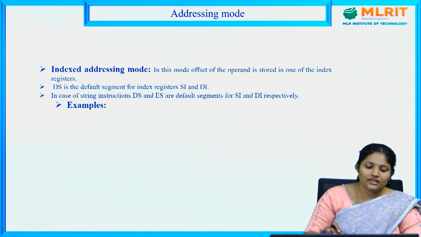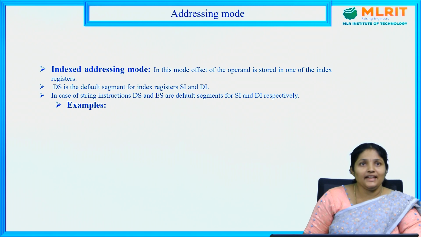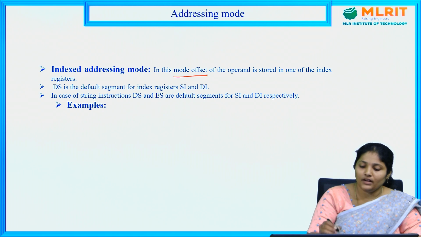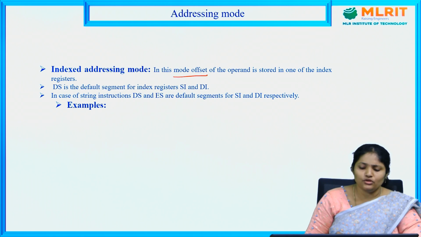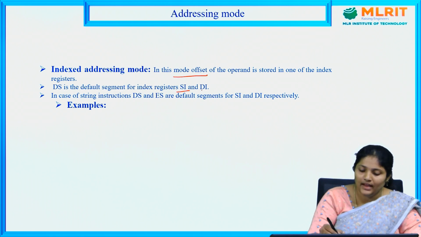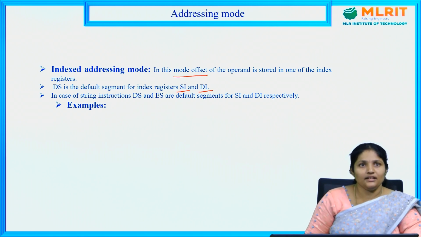So coming to the next addressing mode, it is the indexed addressing mode. In this addressing mode, the offset of the operand will always be stored in index registers. We have two index registers, SI and DI, source index and destination index.